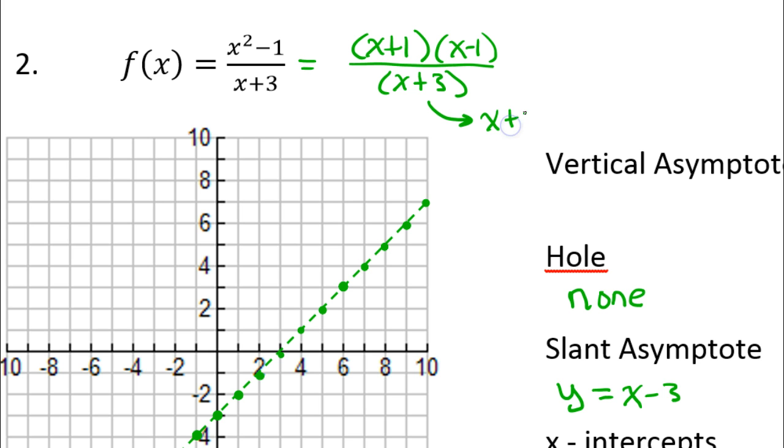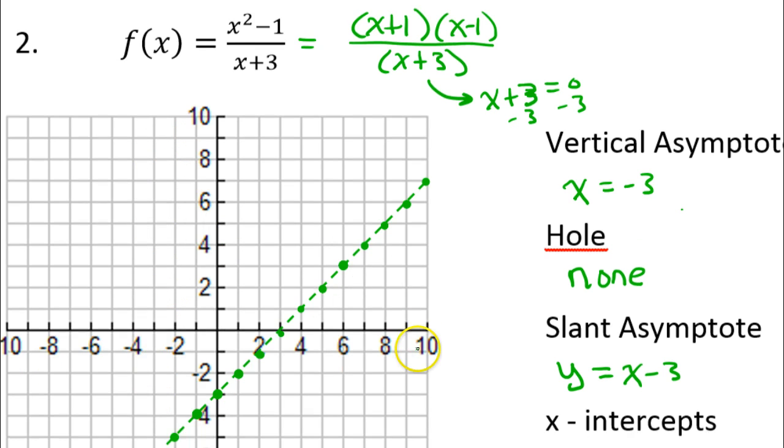If I take my x plus 3 and set it equal to 0, subtracting 3 from both sides gives me x equals -3. So that is the equation of my vertical asymptote. I'm going to draw a vertical line at -3 right here, and that will be my vertical asymptote.